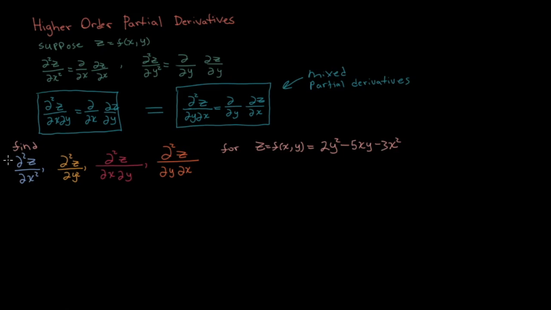Let's start with the first one here. We're going to be taking the partial derivative of z with respect to x twice. We're going to differentiate with respect to x twice.